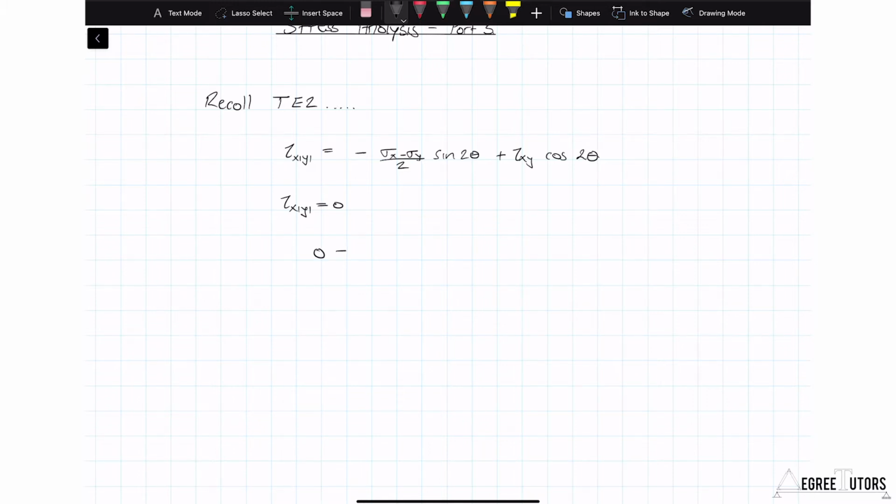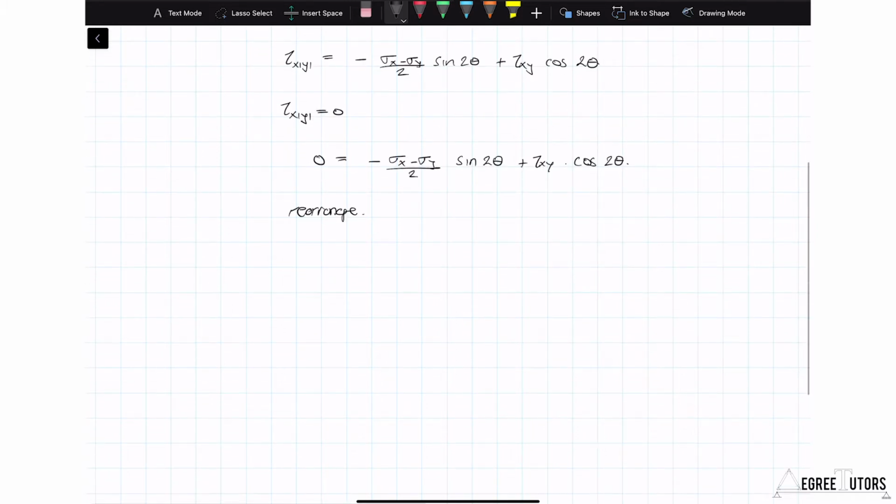I'm going to say 0 on the left is equal to all this stuff over here on the right, and we can straight away rearrange that into the following form. Tan of 2 theta is equal to 2 times tau xy over sigma x minus sigma y.